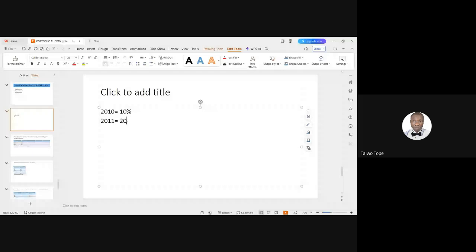You can have a return for 2012, let's say 30%. Using the simple average or arithmetic mean, what would be your return as at now? You want to have an estimate of your return as at now.